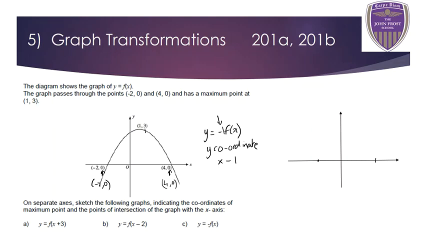But on this one here, the y coordinate is 3. And 3 times -1 is -3. So this time, this maximum point here now will change and move to 1, -3. So if I go across 1, I've got to go down to -3. It'll be around here.